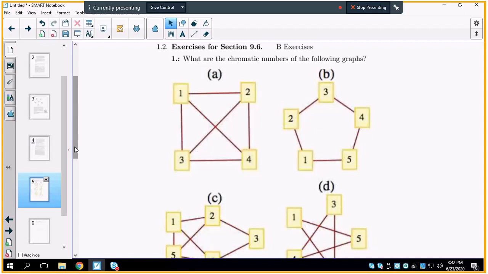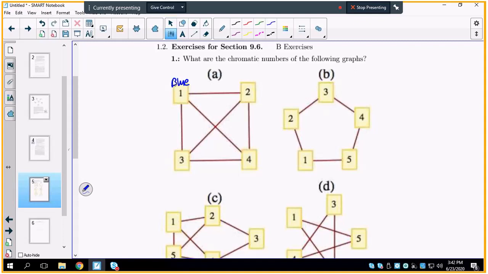So how would we attack such a problem? Well, we know that if two vertices are connected, then we want them to have different colors. So I'd probably just start at a vertex, like maybe if I'm looking at graph A, I'd start at vertex 1, and I'd just give it a color, whatever I feel like. And then I want to see if I can assign blue to any other vertices, as many as possible.